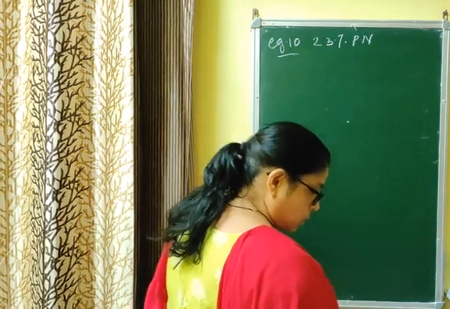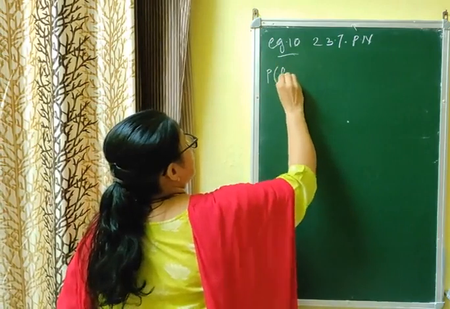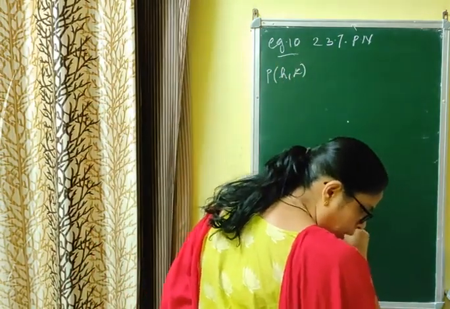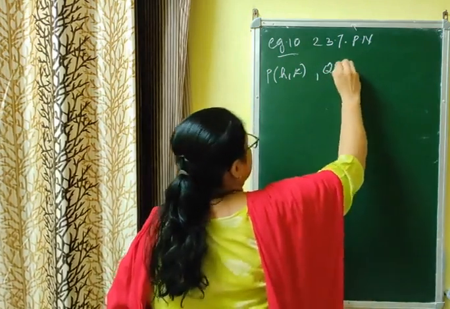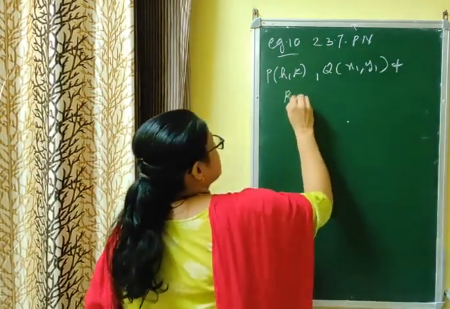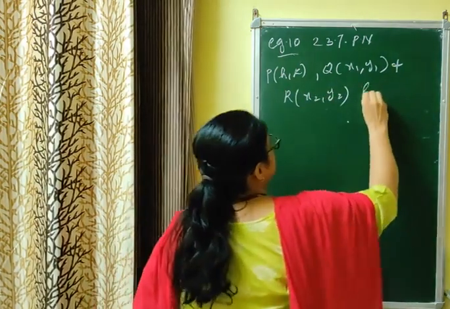This is an NCERT question. The point h comma k is the point P, Q is given as x1 comma y1, and R is given as x2 comma y2. These are the three points that lie on a line.